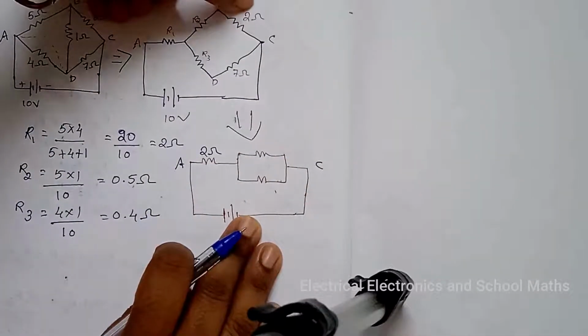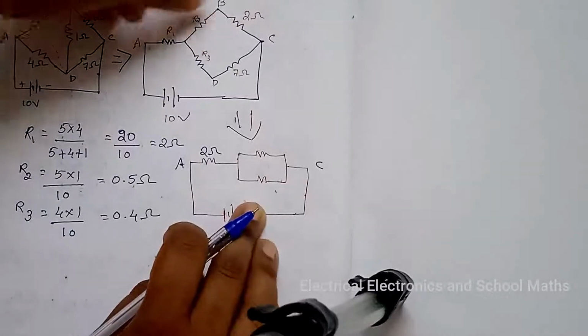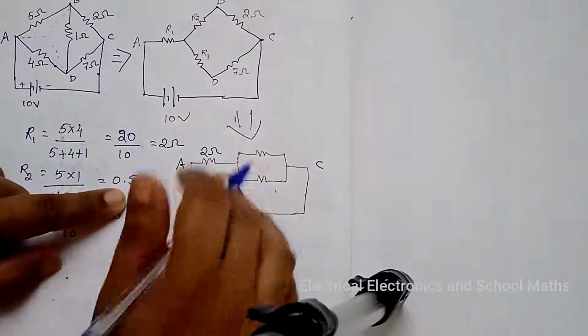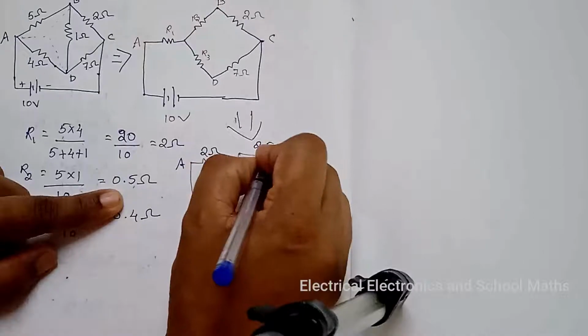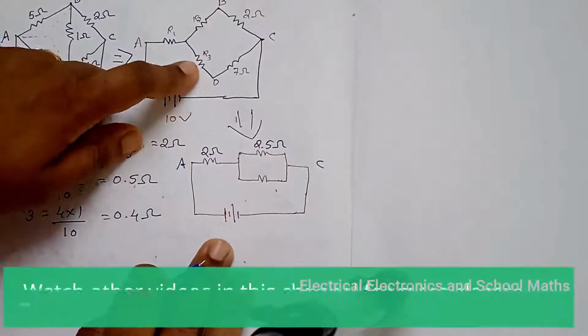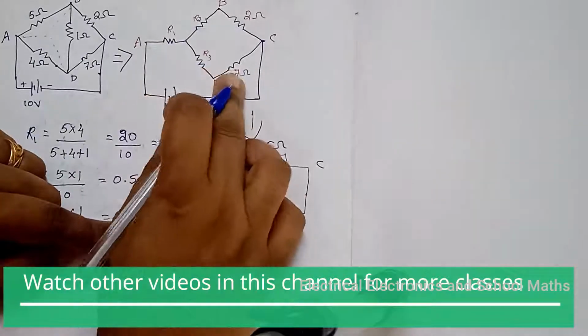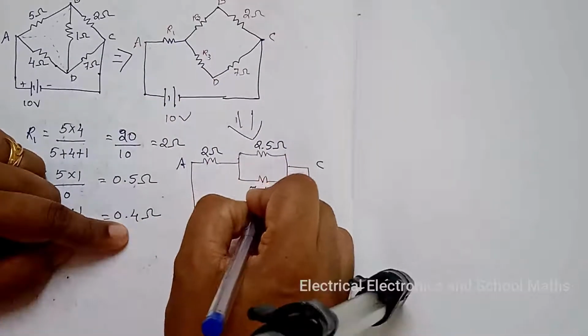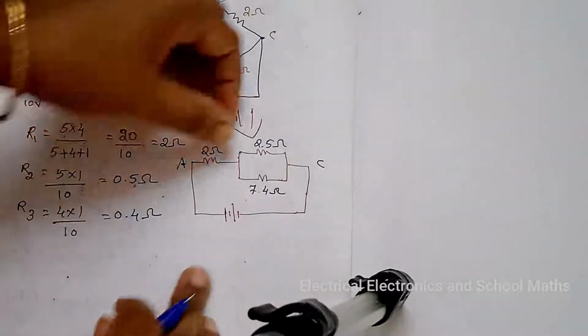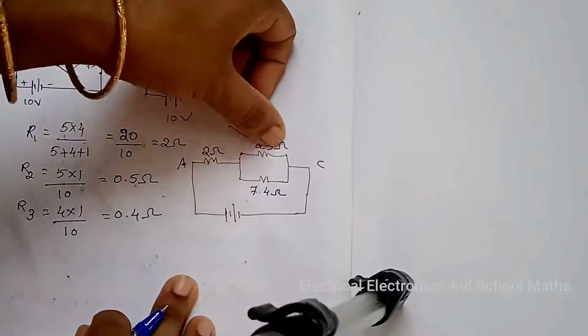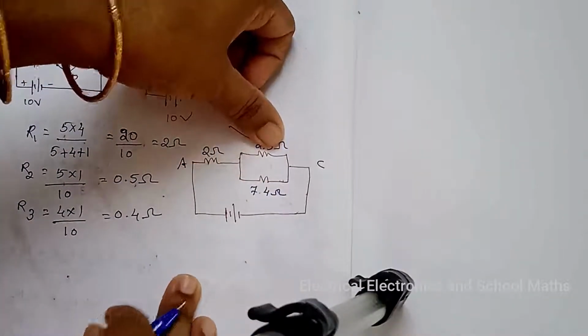R2 is in series with 2 ohm. 2 plus 0.5, that is 2.5 ohm. Here R3 in series with 7 ohm. R3 is 0.4. 0.4 plus 7, 7.4 ohm. And here these two are in parallel.